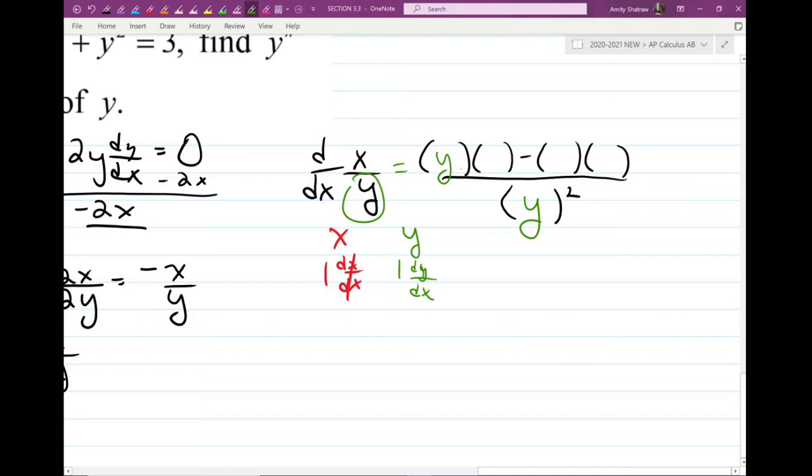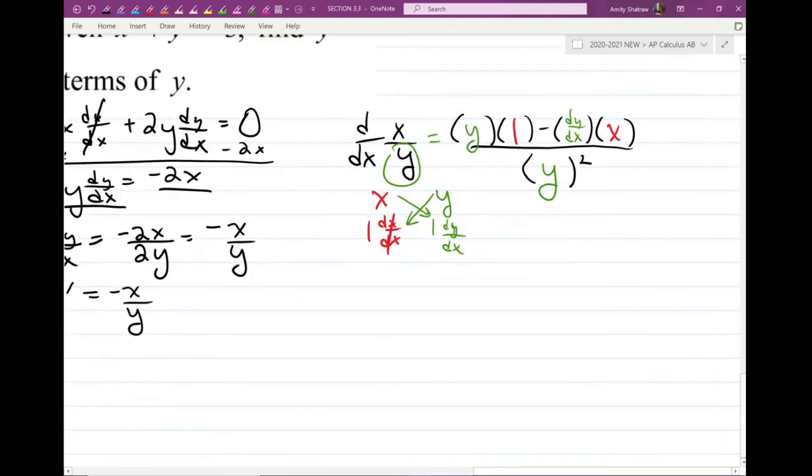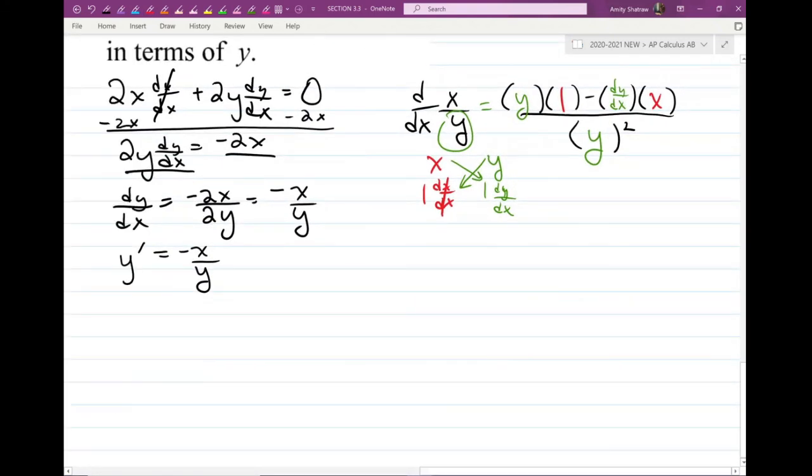And it also goes up here on top. And so if I've done y, then I need to multiply it by that, and then I will need to multiply this times this. So this will be where I put my dy dx, and this will be where I put my x, and this will be where I put my 1. And I believe I can simplify that and make it look just a little bit neater. And I will do so when I plug it in right here.